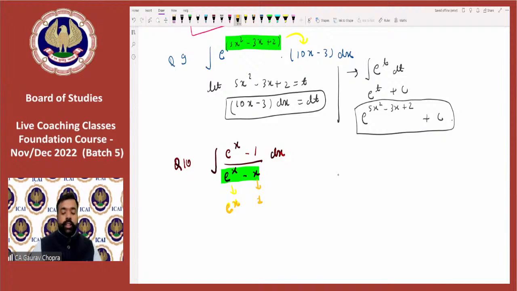So differentiation of denominator is available in numerator. So directly we can write log of e to the power of x minus x, and then adding the constant c. So in all these places, simply what we have done, we have taken directly the substitution method or applied the shortcut method.